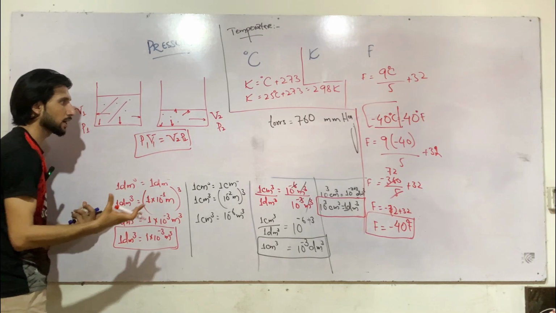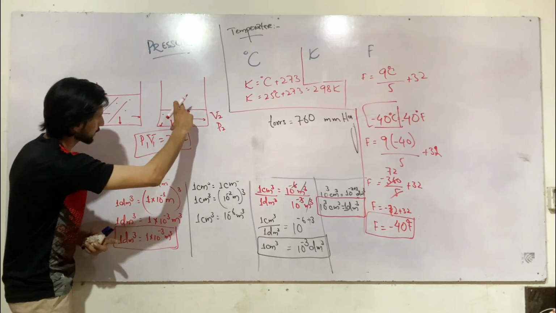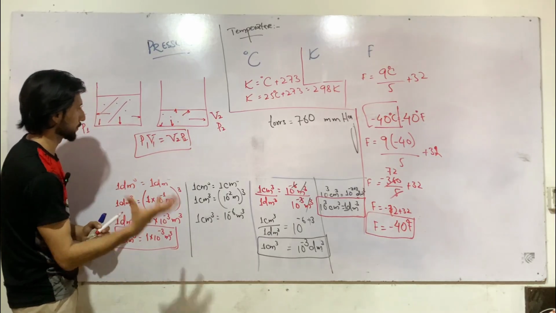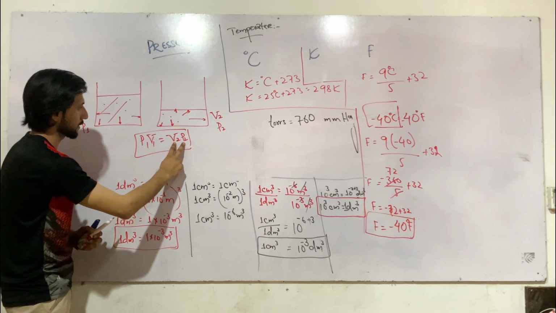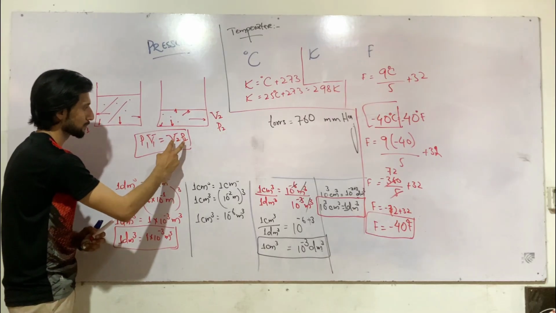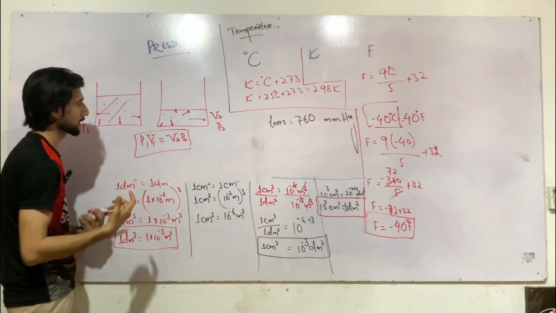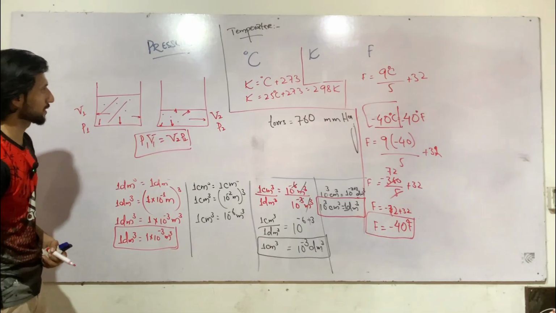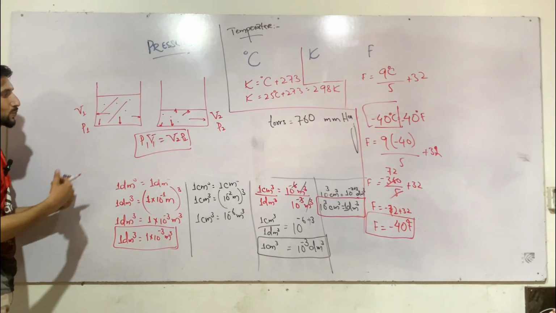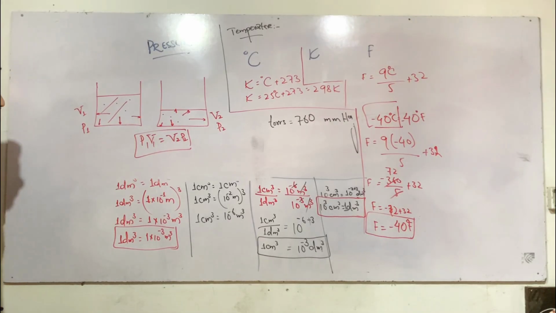Okay, somehow, because as I decreased the volume, the pressure increased. So if I multiply them together, I'm getting the same quantity as in the first case. So this was put forward by Boyle.